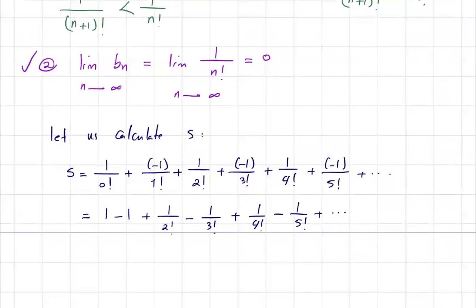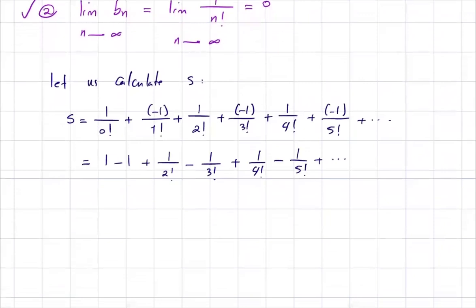If you use a calculator and start calculating these numbers, you're going to see that you end up with 0 plus a half minus 1 over 6 plus 1 over 24 minus 1 over 5 factorial, which is 120.